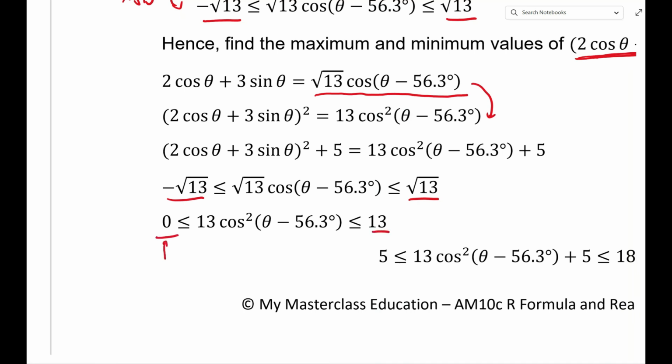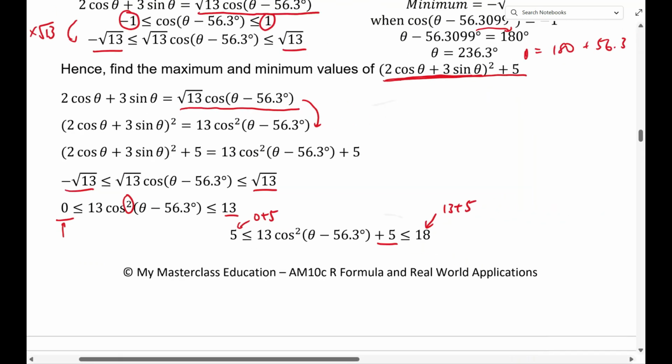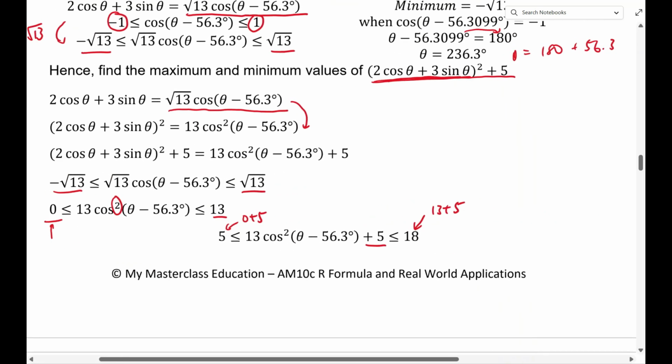The minimum value becomes 0 because there's a square, and anything squared will always be more than or equal to 0. So after we square everything, we will then add our 5. So this 5 results from 0 plus 5, and 18 results from 13 plus 5. And now we have the new maximum and minimum values, 18 and 5.